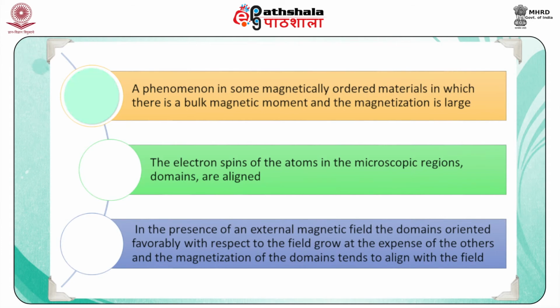Ferromagnetism is a phenomenon in some magnetically ordered materials in which there is a bulk magnetic moment and the magnetization is large. The electron spins of the atoms in microscopic regions, called domains, are aligned. In the presence of an external magnetic field, the domains oriented favorably with respect to the field grow at the expense of the others, and the magnetization of the domains tends to align with the field.